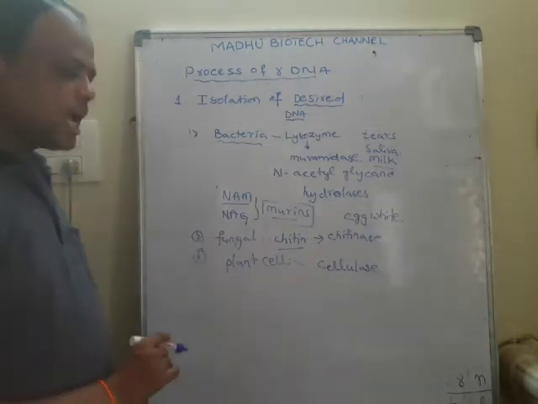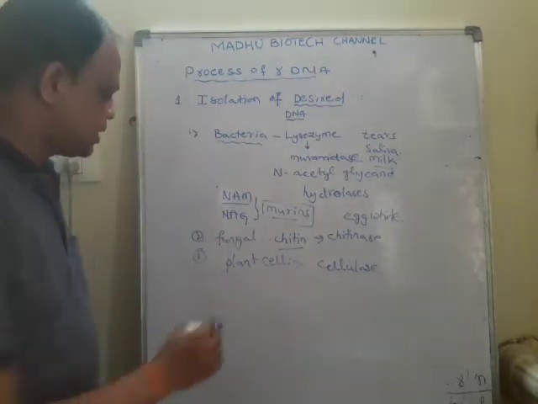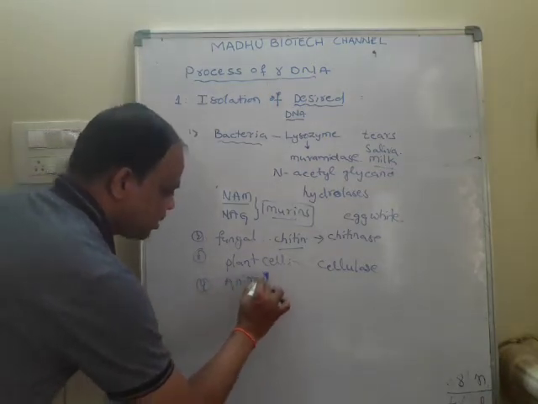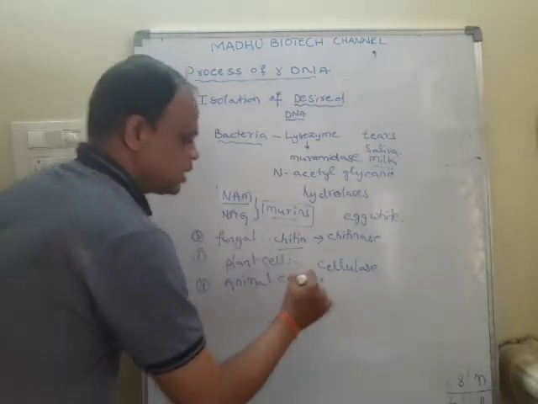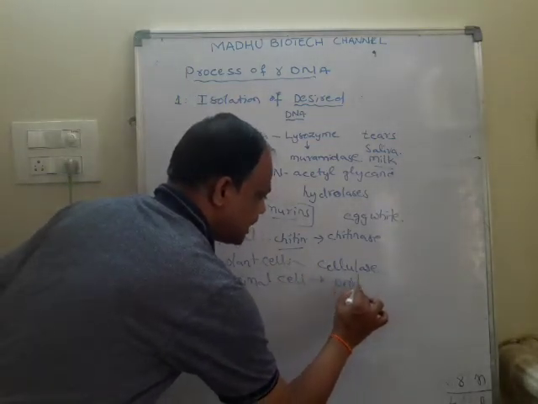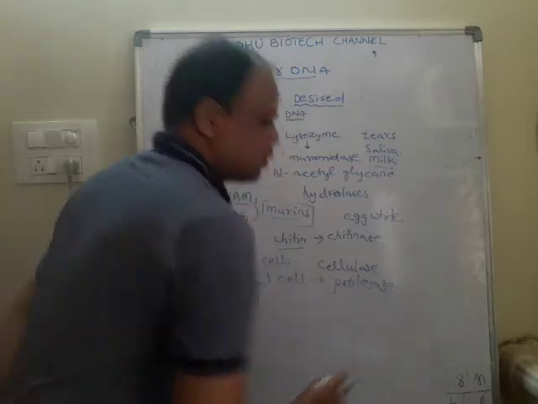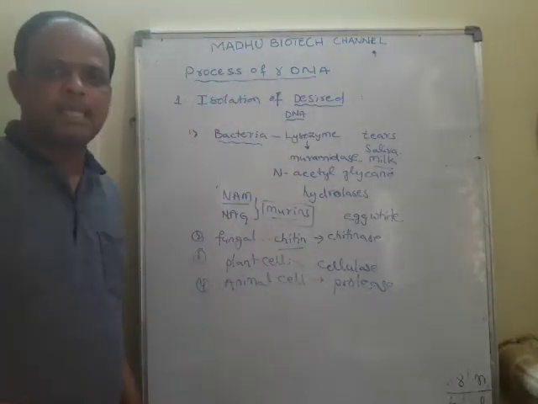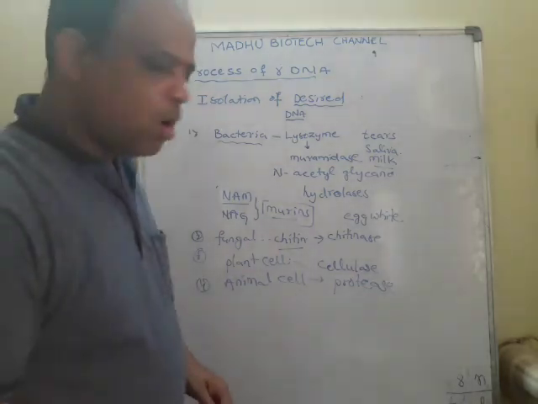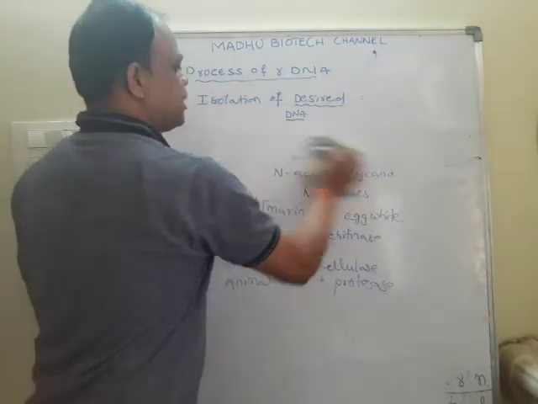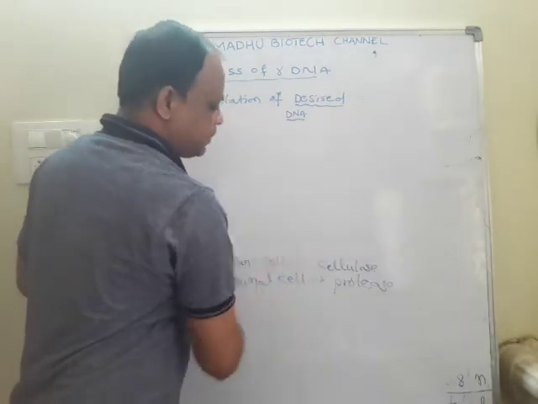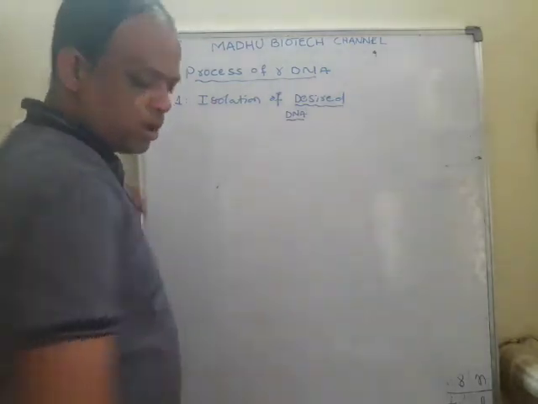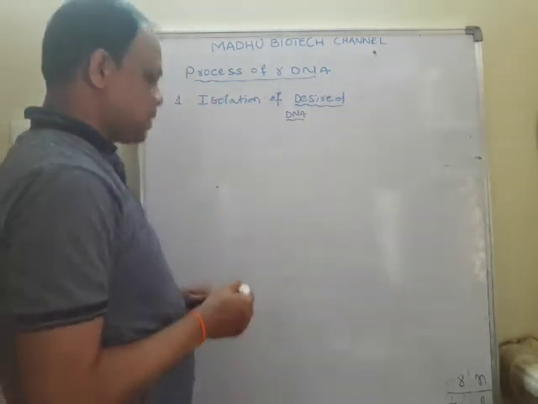For animal cells, we use proteases in place of these enzymes. So based on the organisms we use different types of enzymes, and then we break down the cell wall of the different types of cells.